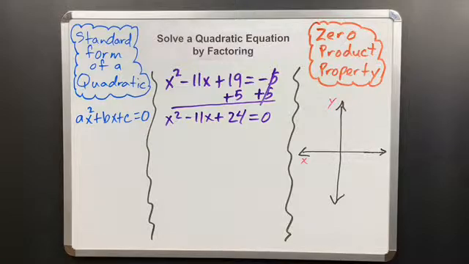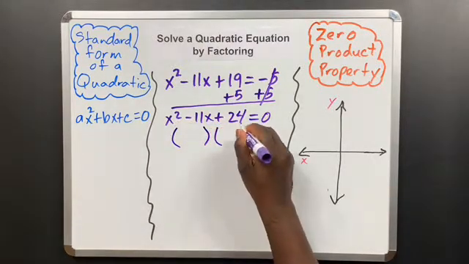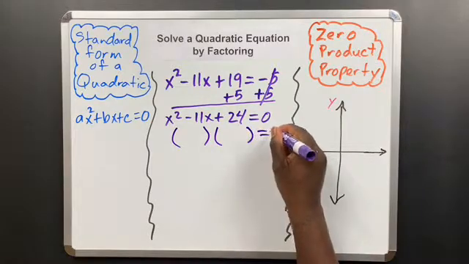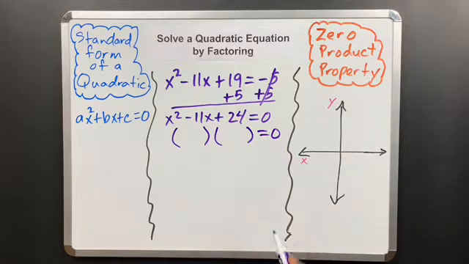Now, our next step is we're going to factor this equation, and I'm going to use my graphic organizer to help us factor it. When we factor it, we're going to have something that looks like this, and it's going to be set equal to 0. Factor times factor equals product of 0.